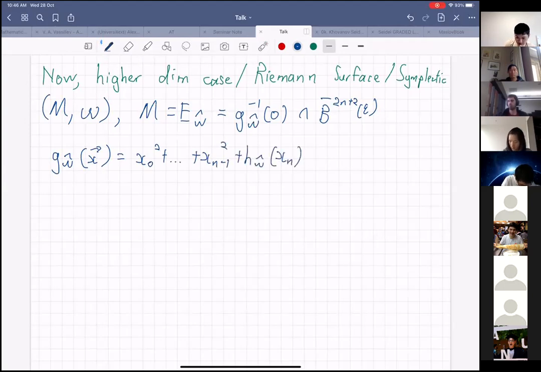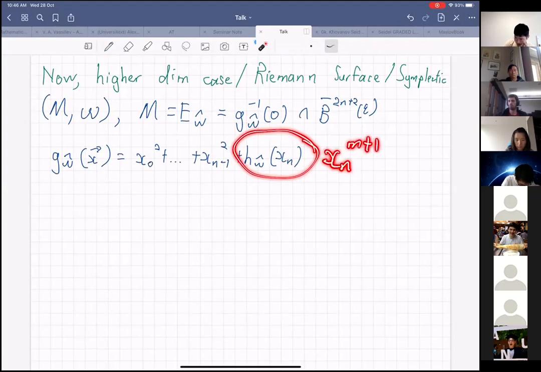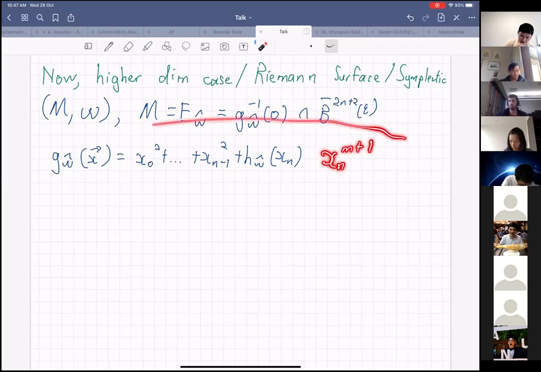In the A_n singularity, this part is x_n^(n+1), but x_n^(n+1) is degenerate.